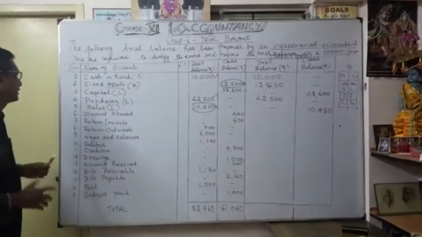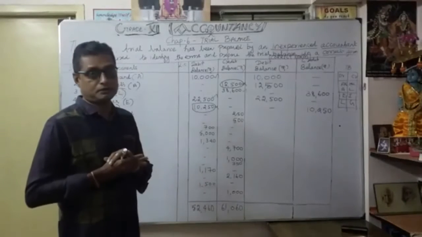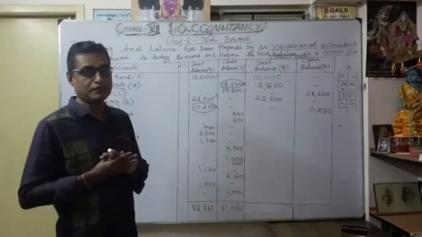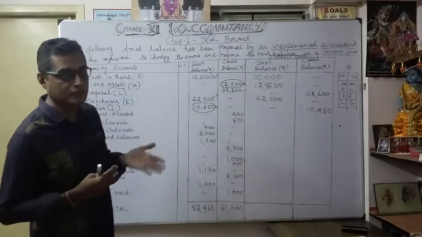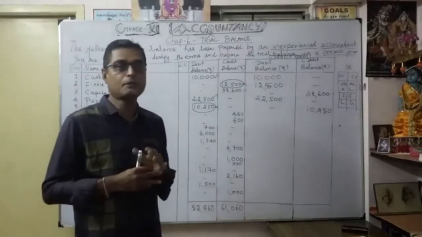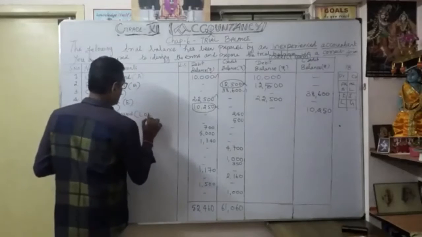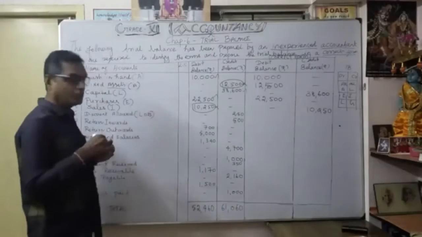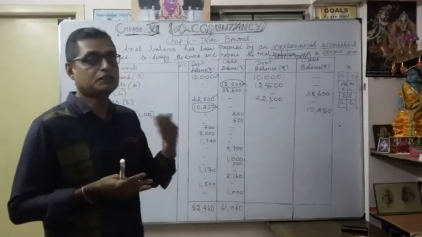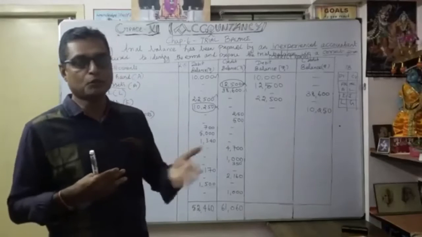Then next, discount allowed. It's a very, very important term. Discount allowed, as you know already. Whenever we give discount allowed, to whom? The customer. From the company's point of view, it is a loss, not an expense. We allow discount to the customer to encourage them to buy more, isn't it?